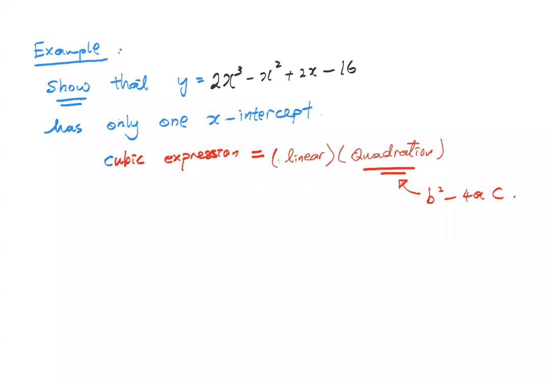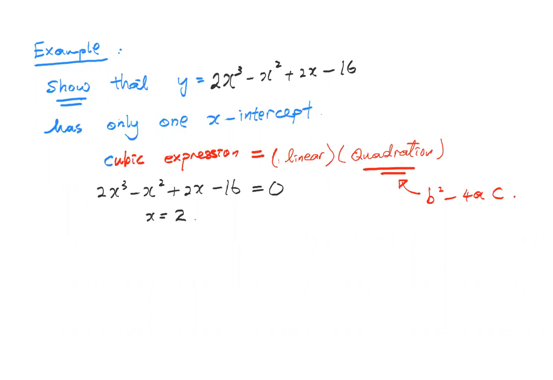Okay, so you see you have 2x cubed minus x squared plus 2x minus 16 equal to 0, correct? Am I right? So your calculator will give you x equal to 2, and no other value.